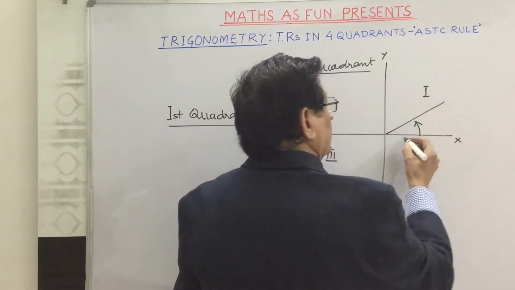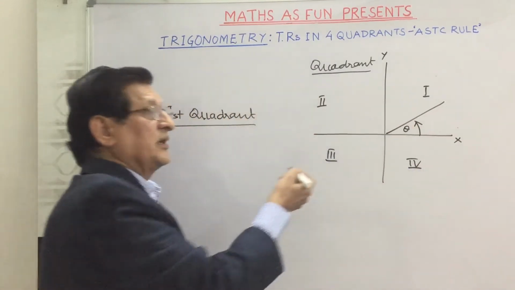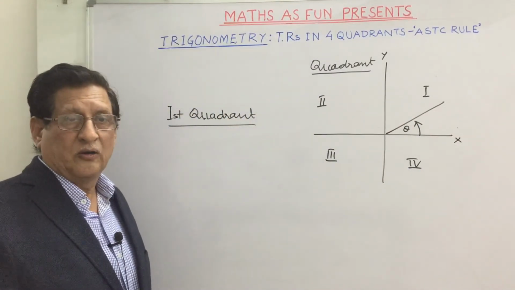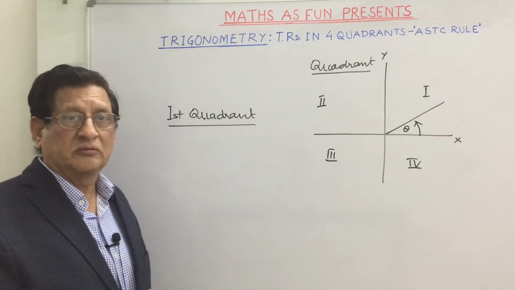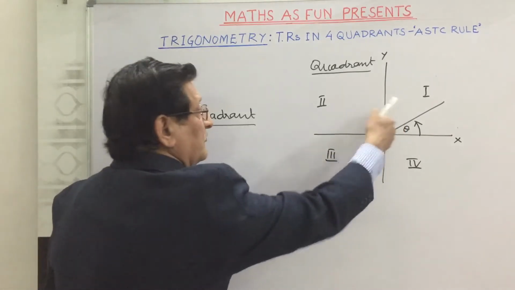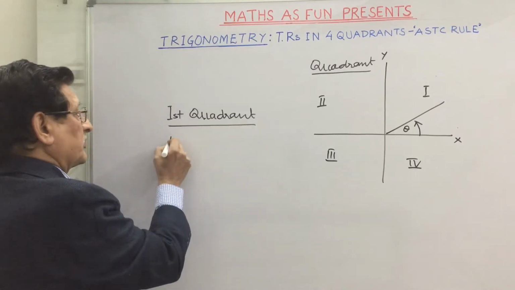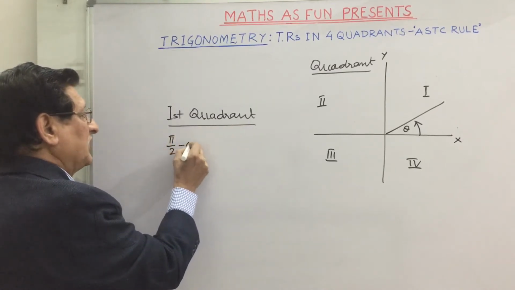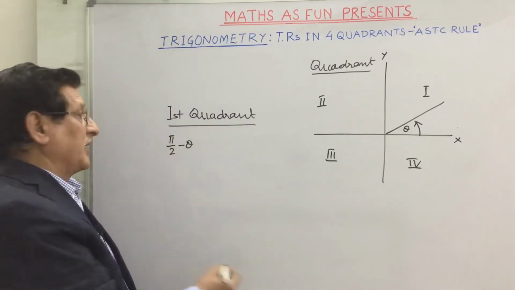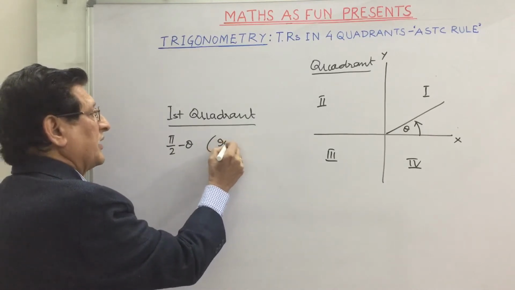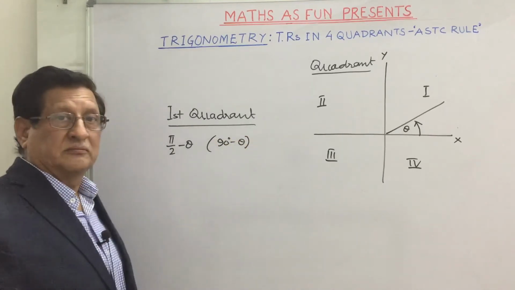Suppose this makes an angle theta which is less than 90 degrees or less than pi by 2. This will be lying in the first quadrant. So we say in the first quadrant the angle will be pi by 2 minus theta, and in degrees we can call it 90 degrees minus theta.